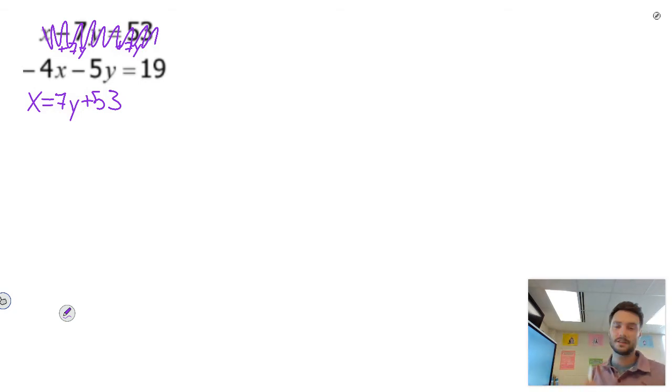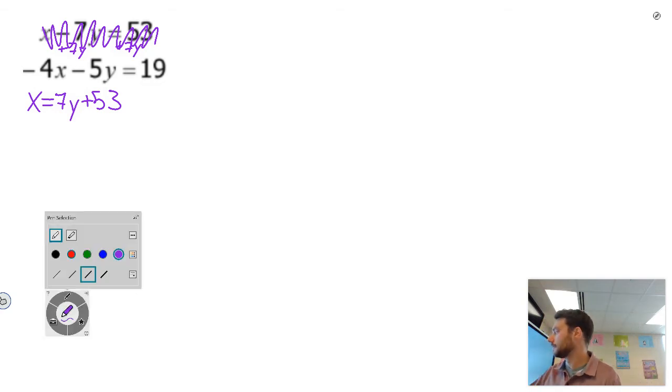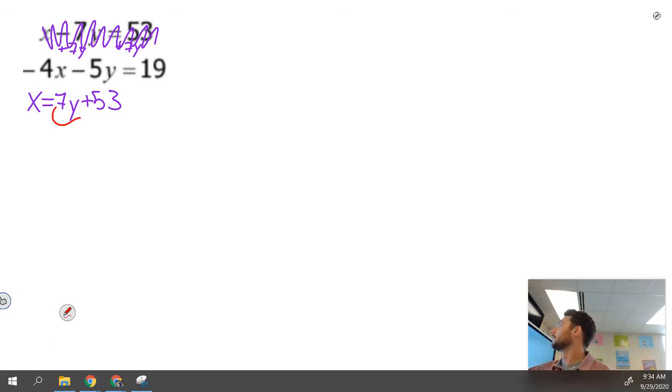And now I have this new equation that's solved for x and ready to substitute, because I can take this stuff and I can plug it into the x right above it. We can plug it right into there and say, hey, if that's x, so is that, and we can replace that. So we'll go do this. If I replace that in there, once again, make sure you use the parentheses.